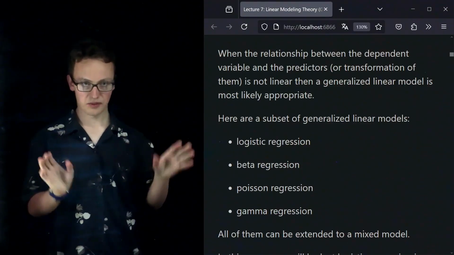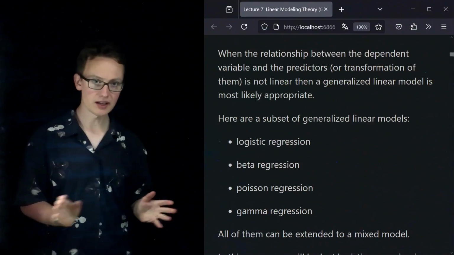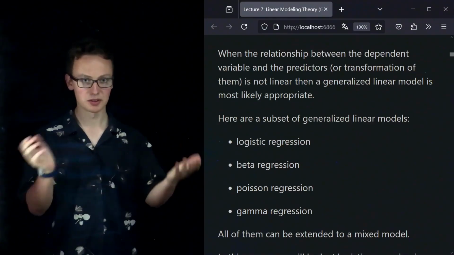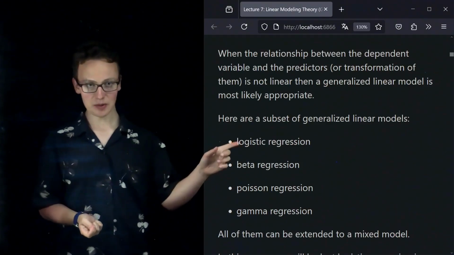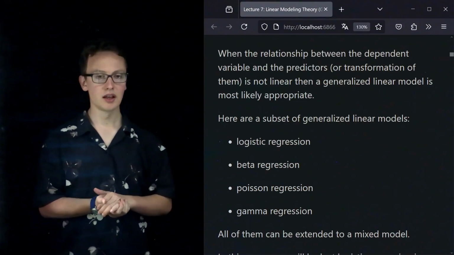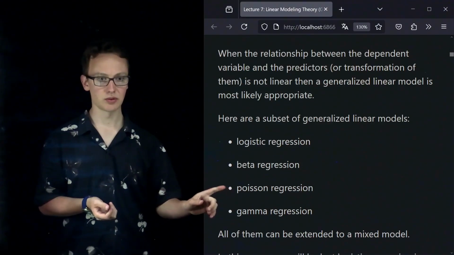And within this framework of generalized linear models, there are different variants. The most notable ones that you might come across at some point in your research and statistics career will be logistic regression. That's the one that we're going to focus on today and in this course in general. But there is also beta regression, Poisson regression, or gamma regression.